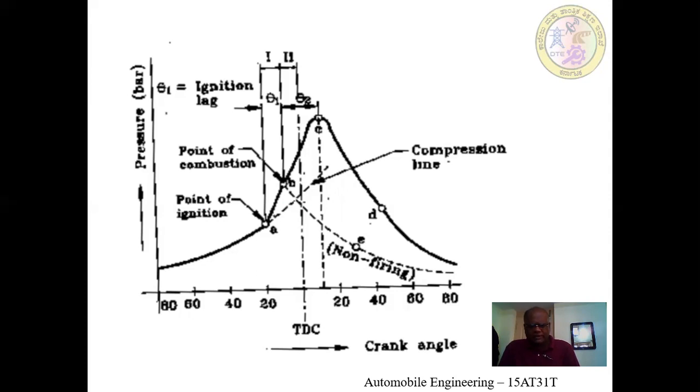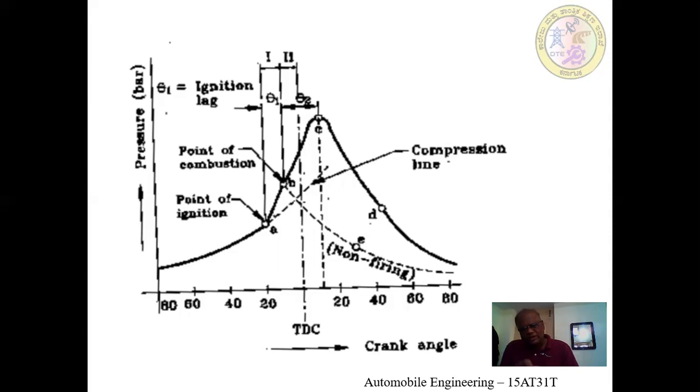The third phase of this combustion is afterburning. The pressure is applied on the piston head. The piston is moving downwards from TDC to BDC, but the residual air fuel mixture left over inside the combustion chamber or the cylinder will continue burning till the piston reaches the bottom dead center of the cylinder.